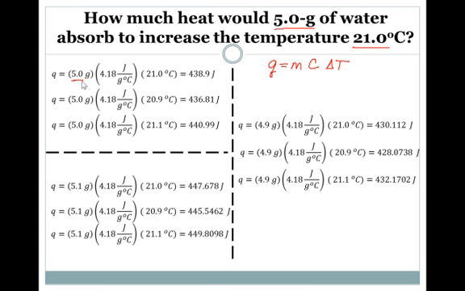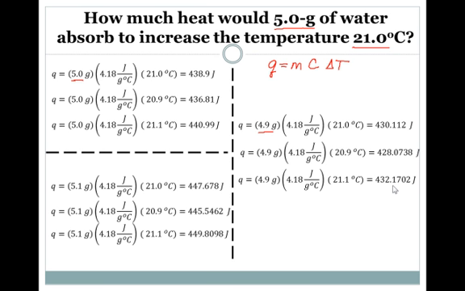Well, what if our mass was 4.9? We come over here to the right at 4.9 and we do the same calculation where we take the mass times the specific heat of water times the three different temperatures of 21.0, 20.9, and 21.1. And notice that we get three different answers in the three different possible permutations using the mass of 4.9.